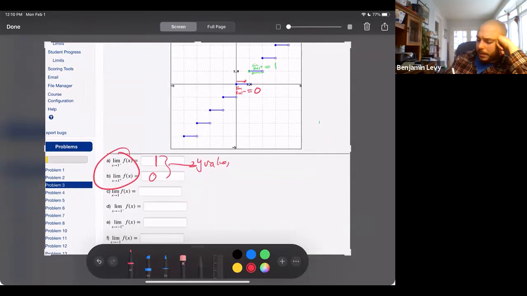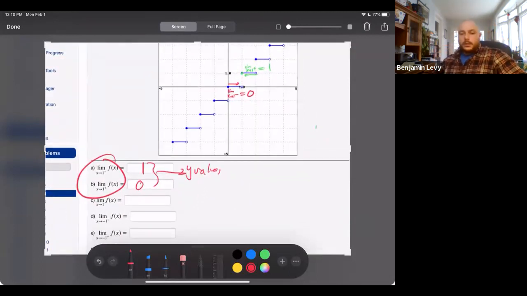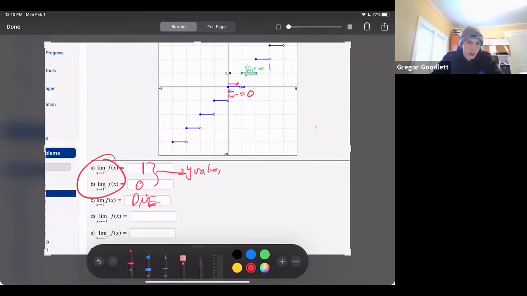So then the same thing happens if we approach, oh wait, no, I forgot to do the second part. So how does it want us to enter it? What does it say to enter for does not exist? It's just DNE. I don't have it up in front of me anymore, and if I close this out, I'll lose the screenshot. Yeah, it's DNE.